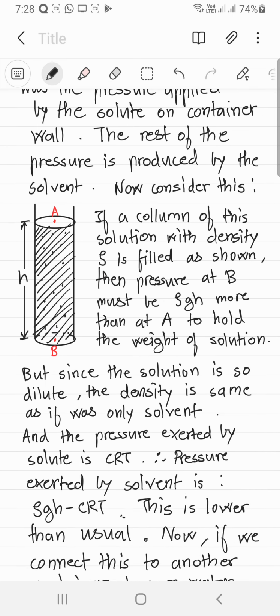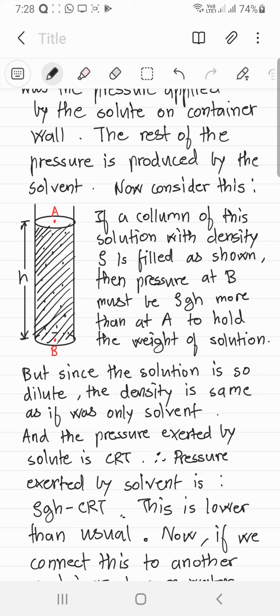First we'll just talk about a simpler configuration, and then I'll go to the actual thing. Just consider a column of this solution, and if A is open to the atmosphere, then what's the pressure at B? You have been given the height of this column, and you also know the concentration and the temperature of the solute, it's dilute.